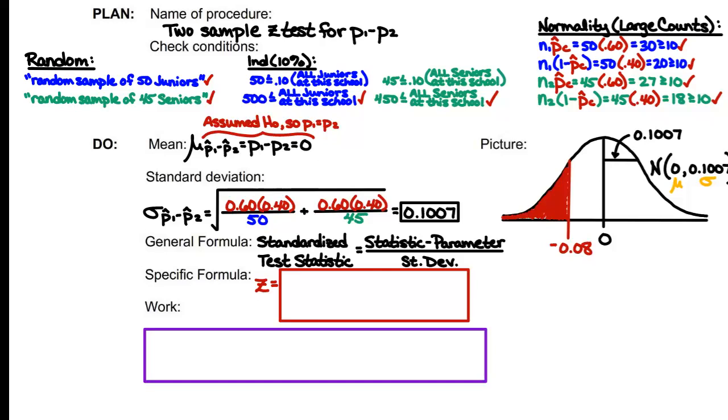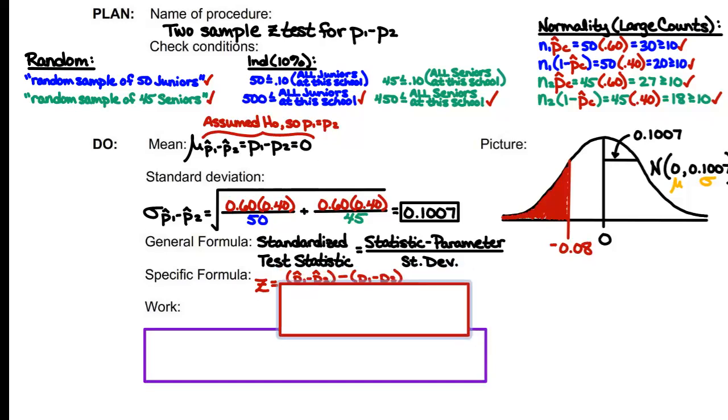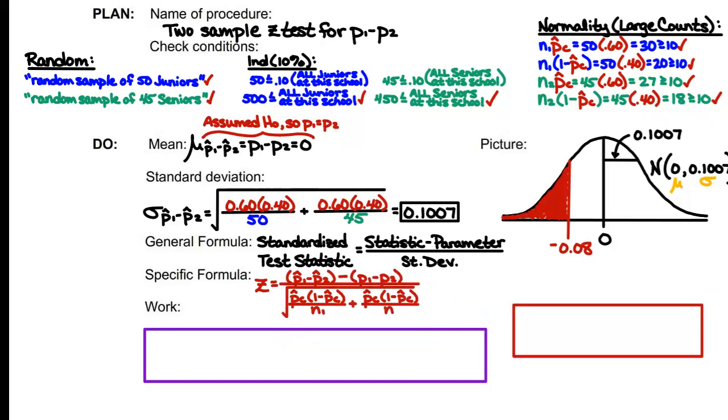Negative 0.08, or p hat 1 minus p hat 2. The parameter is p1 minus p2, and then over that horrible formula for my standard deviation. I like this much better once we start actually putting numbers in there. It doesn't look so bad. Right now it looks horrible.